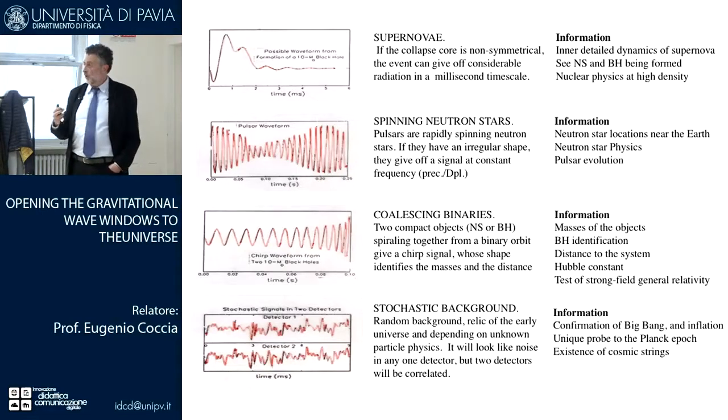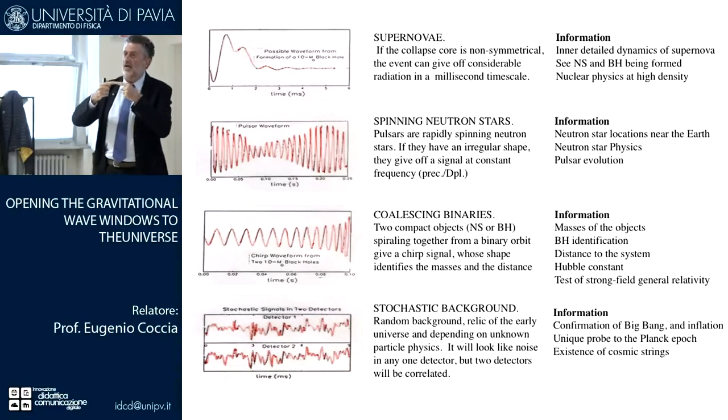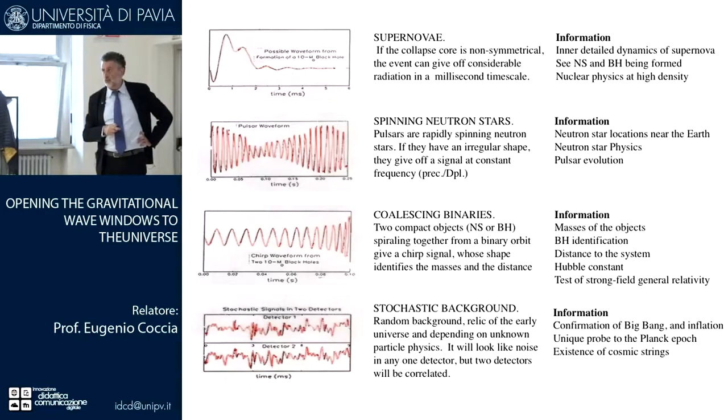This is the source which is the best known, what people like more, because it is a very clear analytical waveform in which two compact objects spiral together. They emit gravitational waves, so they lose energy, they go nearer and nearer, they acquire, because of the conservation of the angular momentum, they go faster and faster, and at the end they merge. So this gives rise to a waveform which we call chirp, which increases in frequency and amplitude.